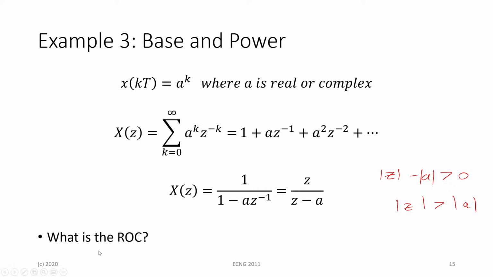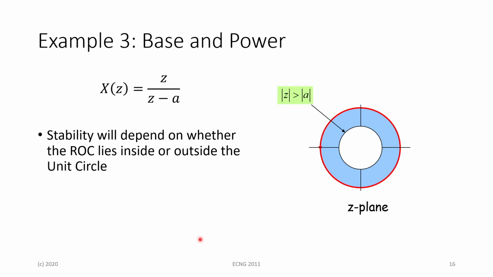And the question we ask here is what's going to be our region of convergence. The region of convergence will depend on the value of a, because a represents the radius of the circle we'll be dealing with. So if I extend this out for the axes, I have to excuse my crappy drawing skills there.